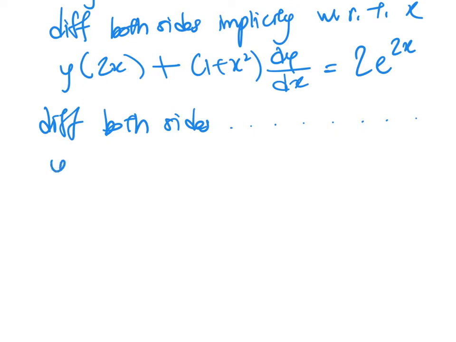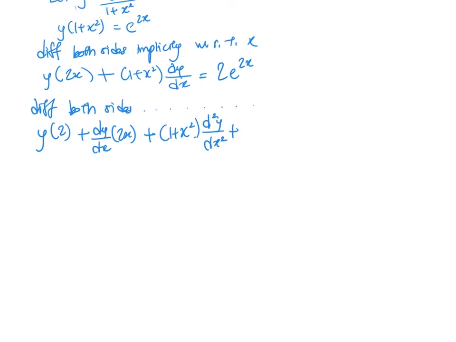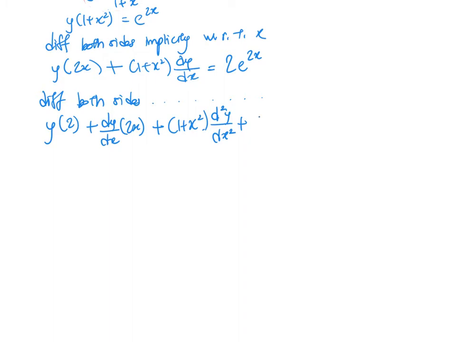So y times 2, and then dy dx times 2x, this is just product rule all over, plus 1 plus x squared d2y dx squared plus 2x dy dx equals 4e to the power 2x.